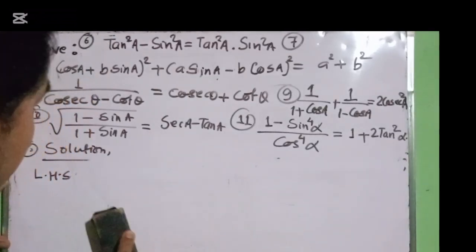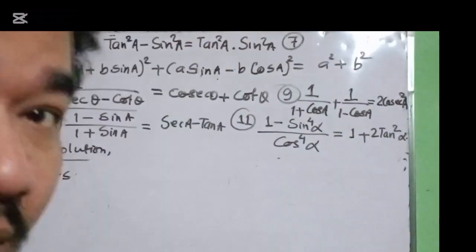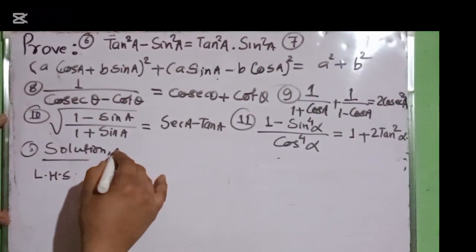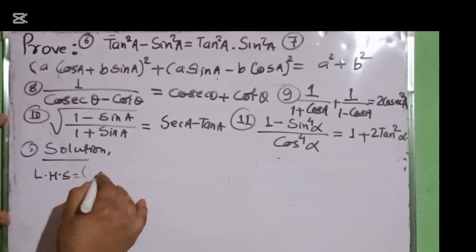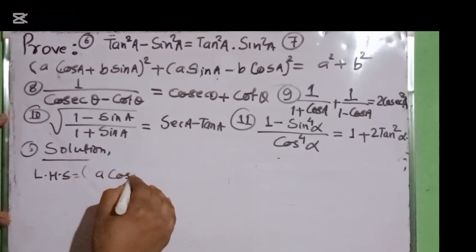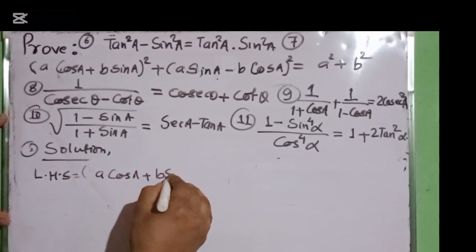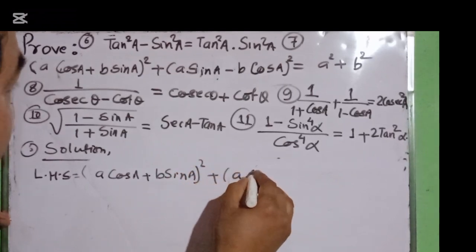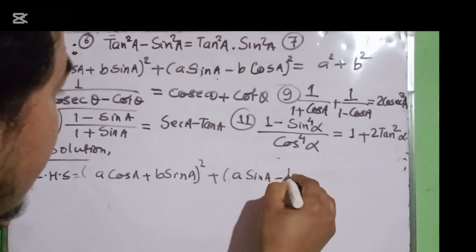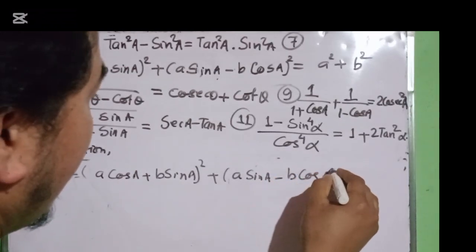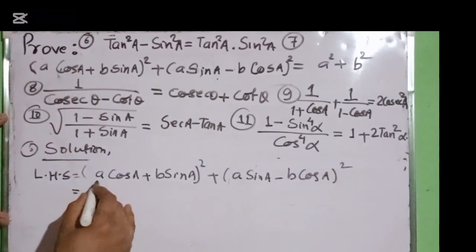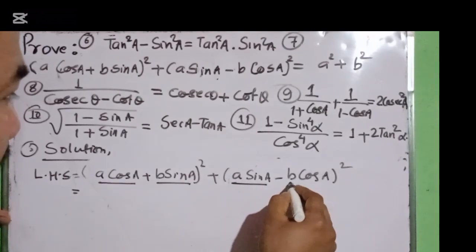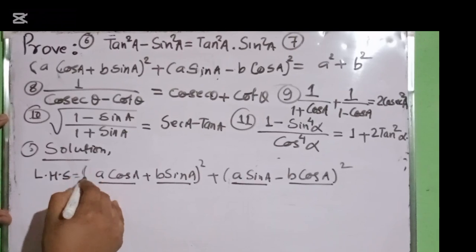Look here, children, the left hand side is given: a cos a plus b sin a whole square plus a sin a minus b cos a whole square. It is in the formula of a plus b whole square, and a minus b whole square. That's why now let's open the formula.